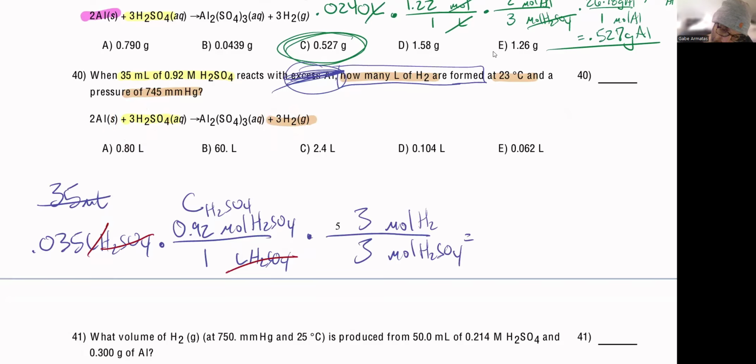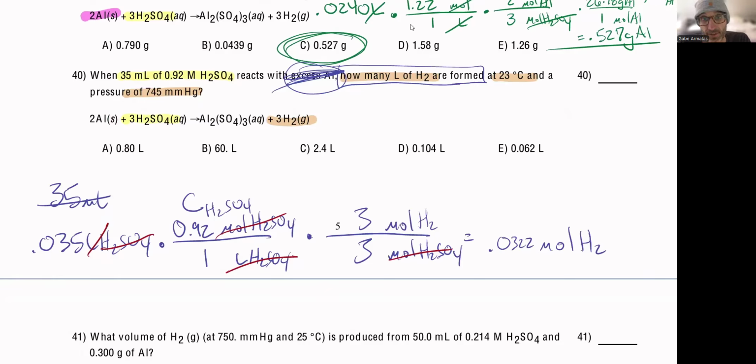But importantly, we now have moles of what we're looking for, moles of H2. So off we go. 0.035 times 0.92, enter, and times 3 divided by 3 gives us the same answer back, 0.0322 moles of hydrogen. So now what?